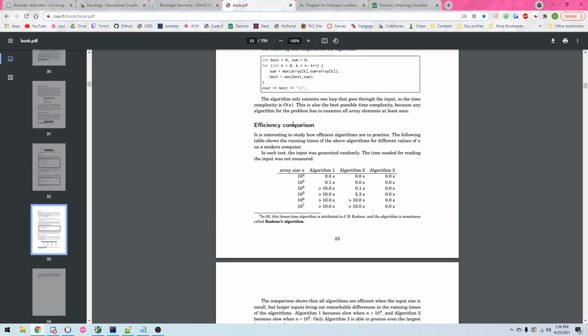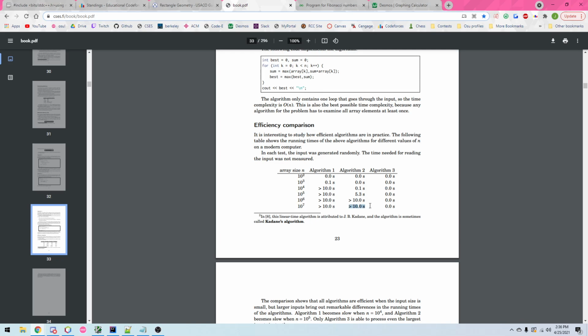So just to give you a little chart, it tells you for some given size n, how long each algorithm takes. The first algorithm was n cubed, so at n equal to 10 to the 4th, it's already taking over 10 seconds. The second algorithm is taking 0.1 seconds, and the fastest one is taking 0 seconds. And you'll notice as we put in bigger values of n, like 10 to the 7th, the first one has taken over 10 seconds from long back.